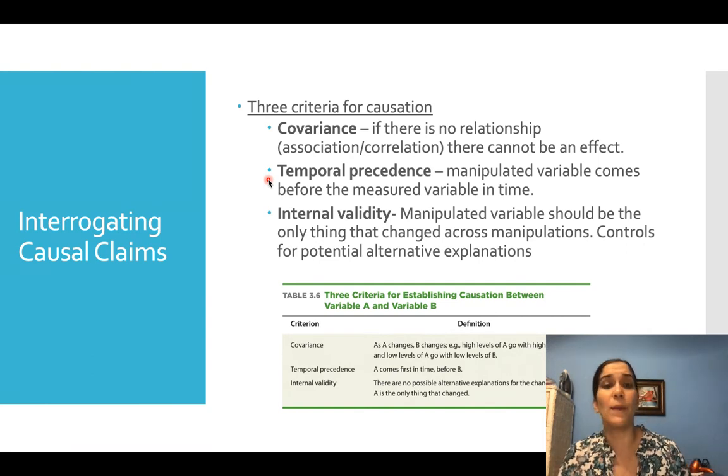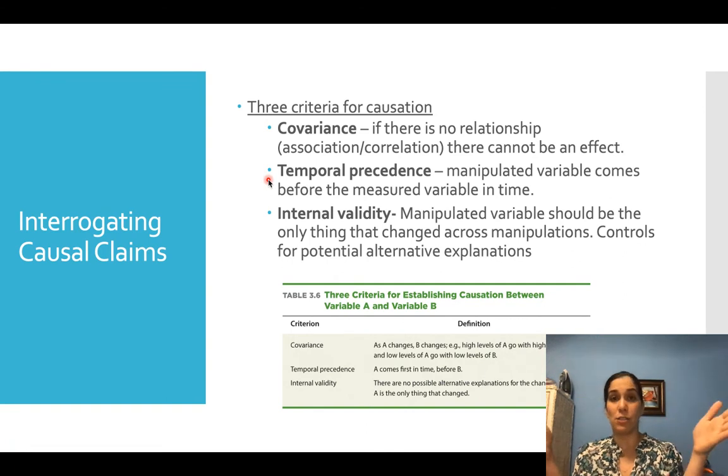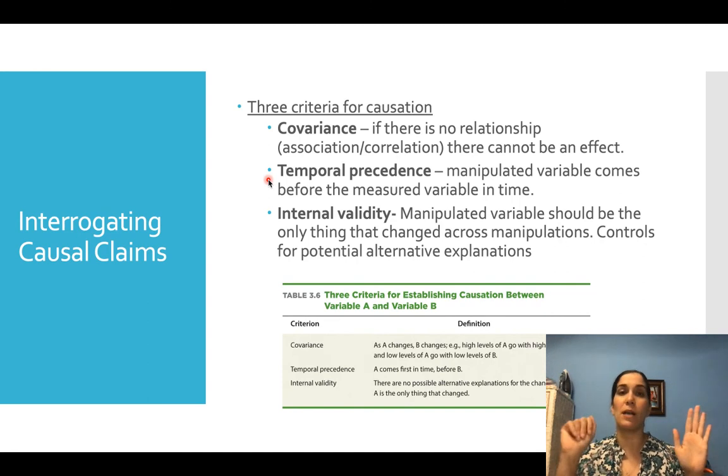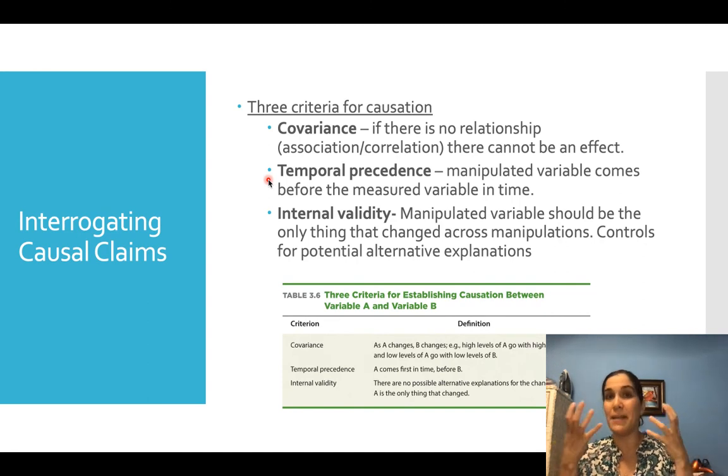And then third, we have internal validity, which essentially states that the manipulated variable should be the only thing that changes across your manipulation. So in my example of splitting up the class in two, and one class is the study group and the other class is the no study group, I'm manipulating the variable of studying.